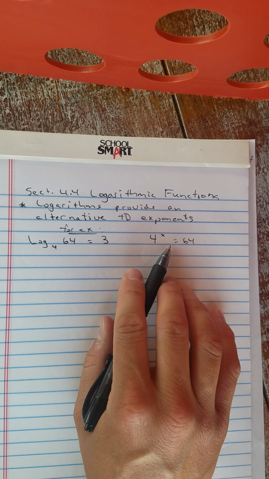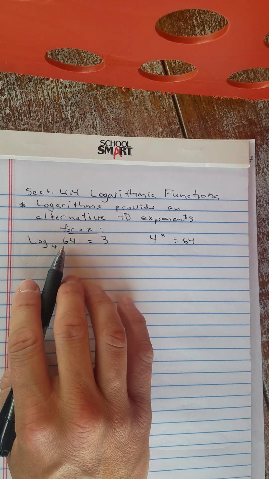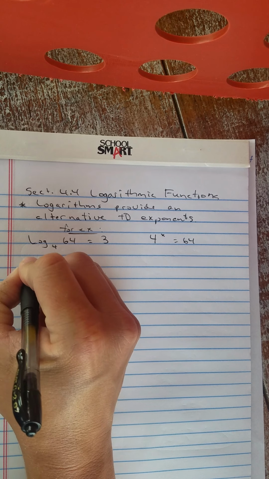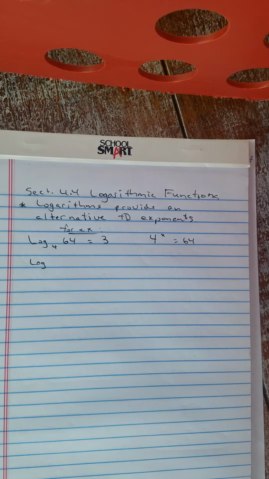An exponential equation versus a logarithmic equation. Logs can have any base that you want. You could have log base 3 of 81. What is log base 3 of 81 equal to? What is x?